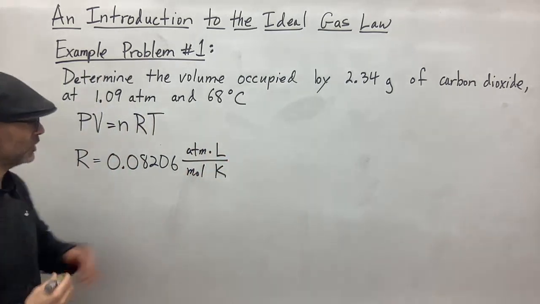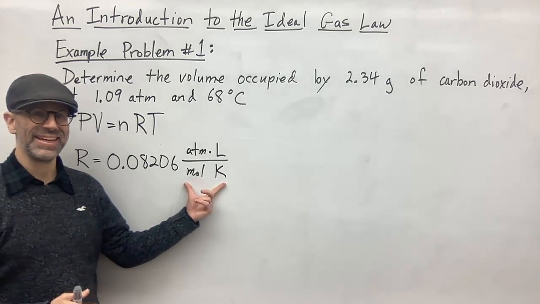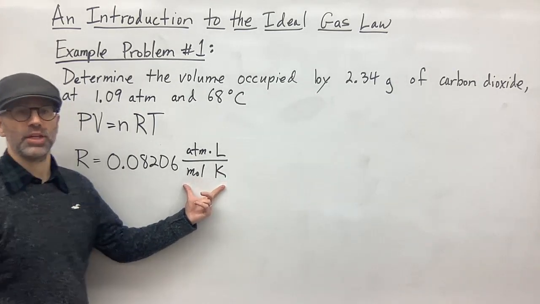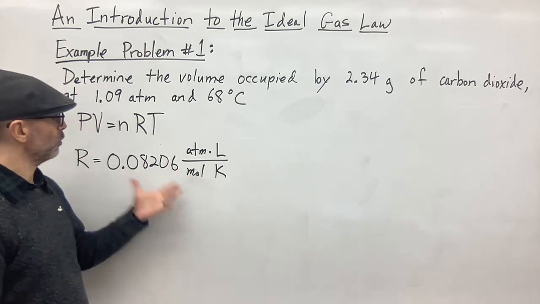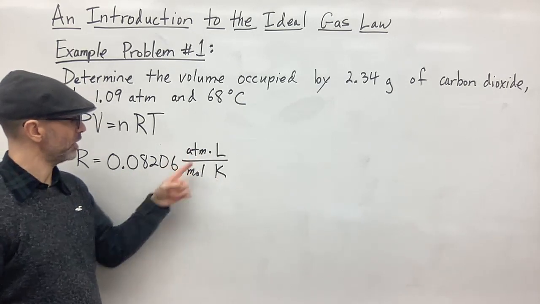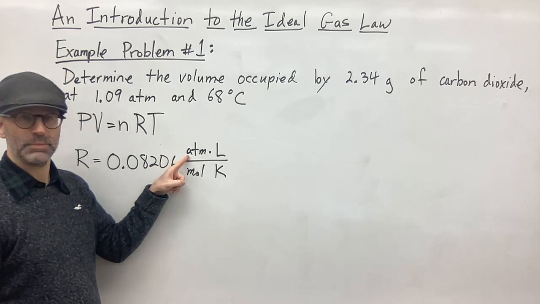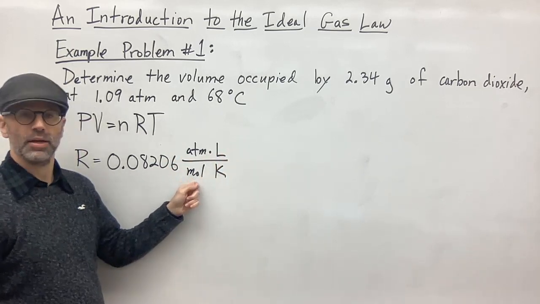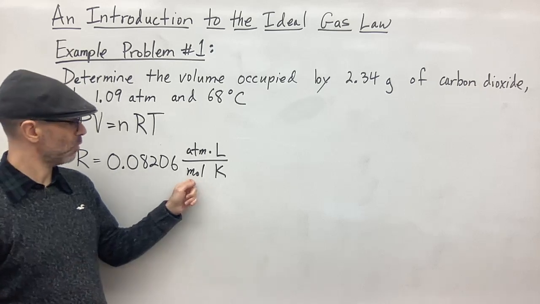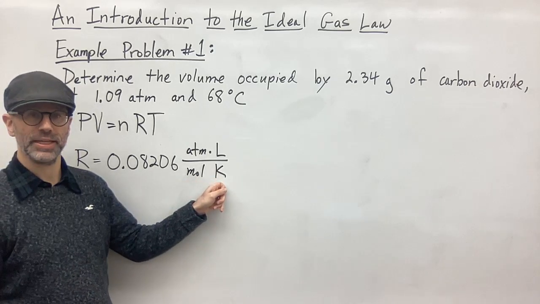Since we're using this version of the ideal gas law constant, that means that anything we're given has to be in these units. So pressure has to be in atmospheres, volume has to be in liters, the amount of gas has to be in moles, and of course temperature has to be in Kelvin.